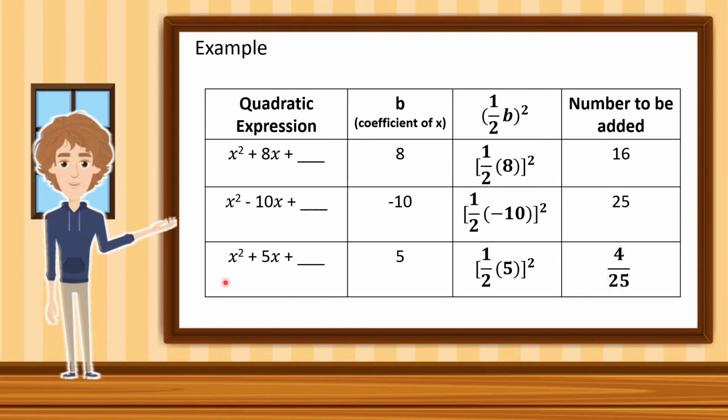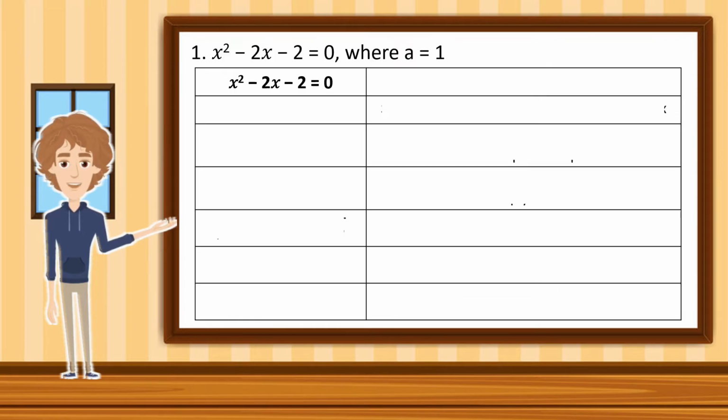Therefore, to make this expression a perfect square, we will add 25/4. Take note, the first step is determine the b, then substitute the b in this formula, and then solve. So that is the number to be added in this expression to make it a perfect square.